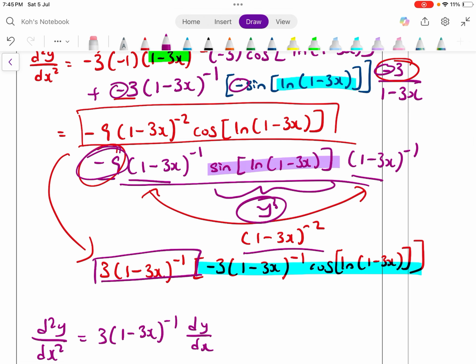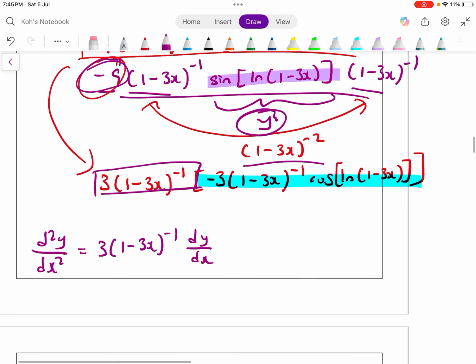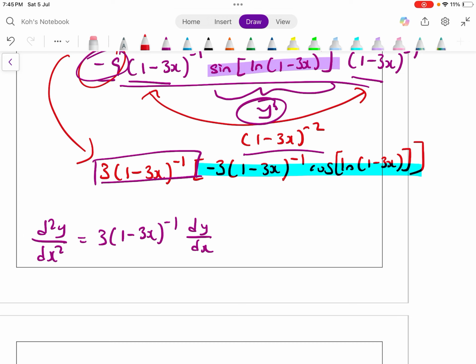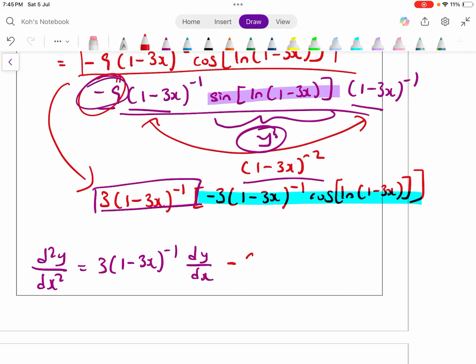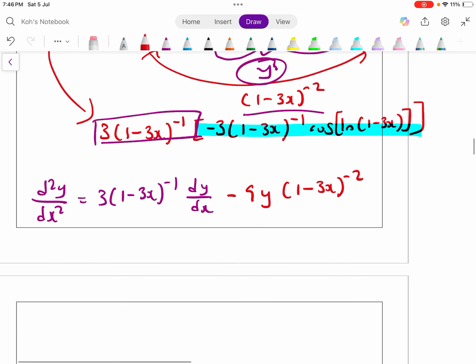Here is y, here is (1 minus 3x) to the power of negative 2. I think I missed out this one, that's why I couldn't get it the first time around. So it's minus 9. Then after that I put a y in front, so of course I put (1 minus 3x) to the power of minus 2.